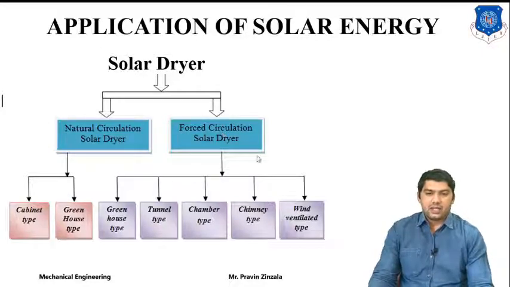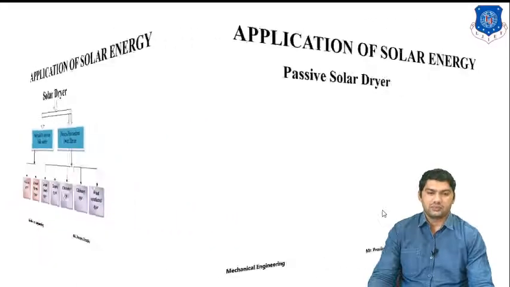Examples of forced circulation solar dryers are greenhouse type, tunnel type, chamber type, chimney type or wind ventilated type. So these are examples of natural and forced circulation solar dryers.